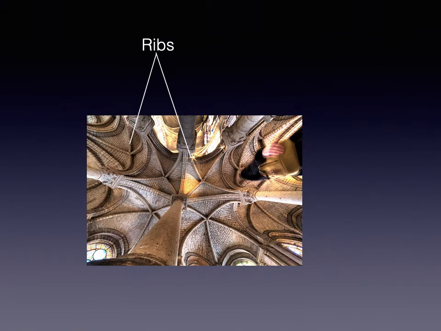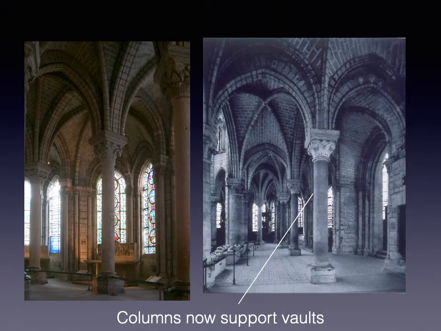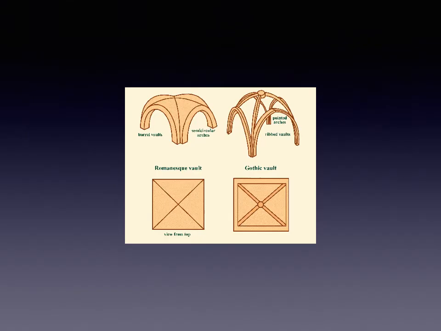The ribs in the ceilings of Gothic architecture are a telltale sign of what type of architecture you are experiencing in a cathedral or church of this period. Columns are now supporting vaults. Again, diagrams of these very distinct approaches to vaults.